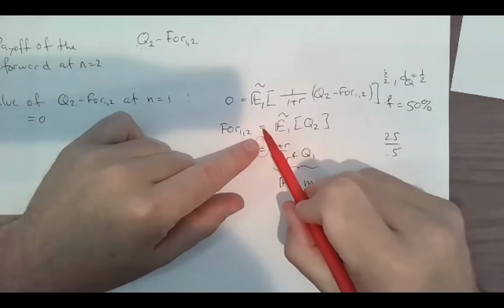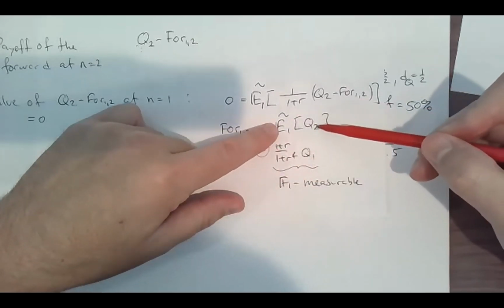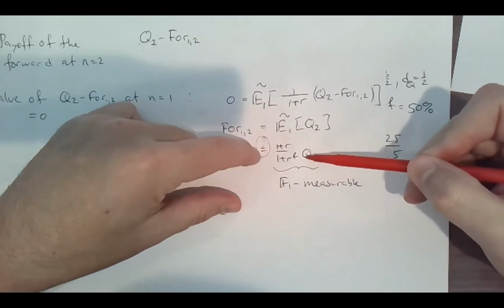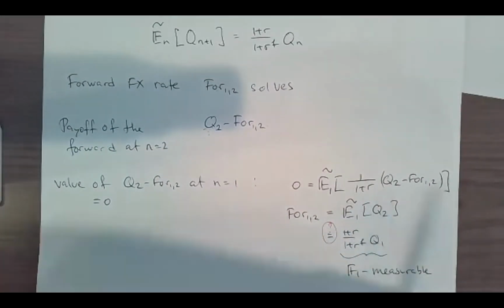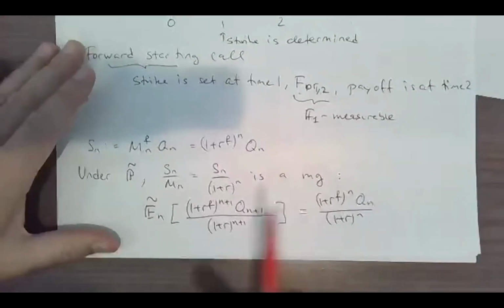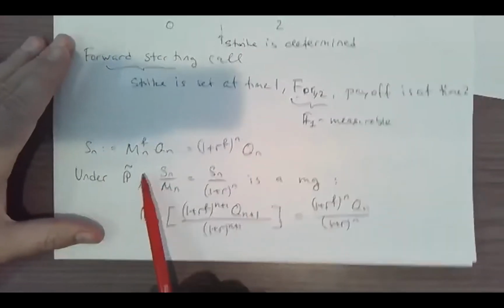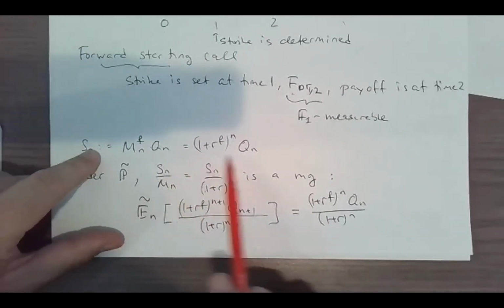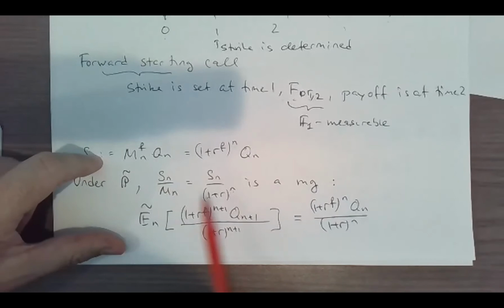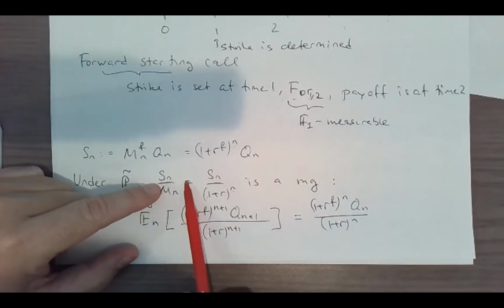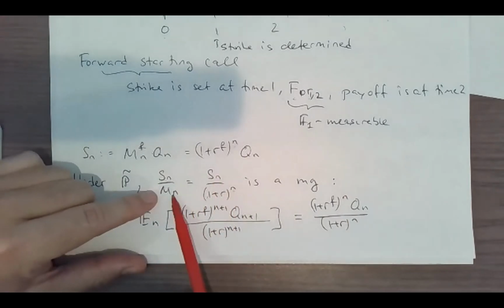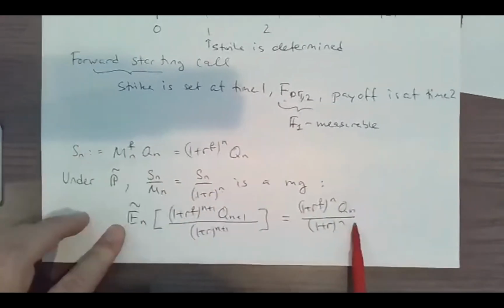So you agree on the first one. So the question is, why is the conditional expectation of Q2 given F1 equal to this expression here? And so what you do is you go up here. In the beginning, this is on number 16, what are the martingales we have in the problem? Well, you discount risky securities by the bank, and then you get a martingale. So Sn divided by the bank is the martingale.